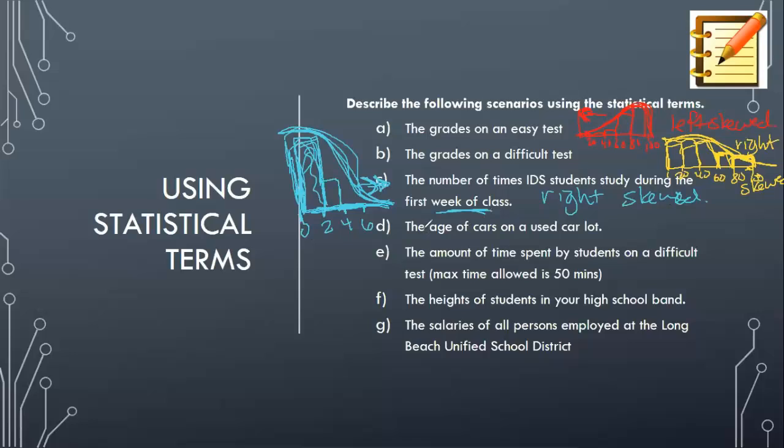Okay. What about the age of cars on a used car lot? What do you think about that? Do you think that there's going to be more of one age than the other? Or do you think there might be a nice, even mix?